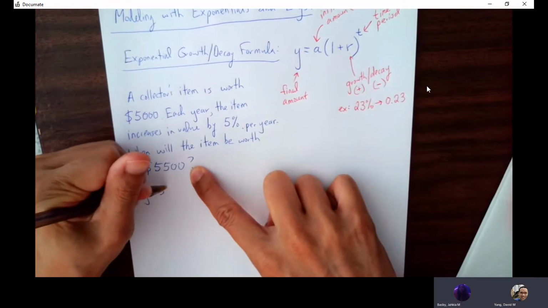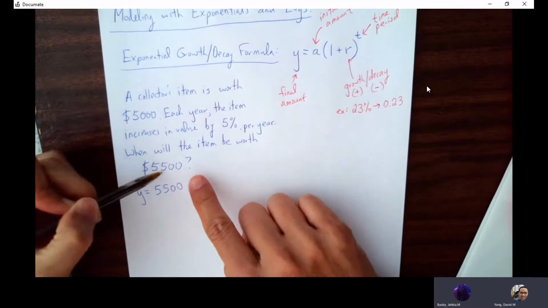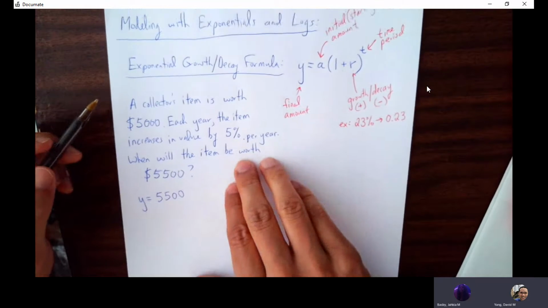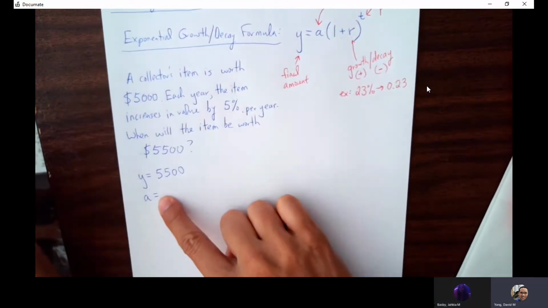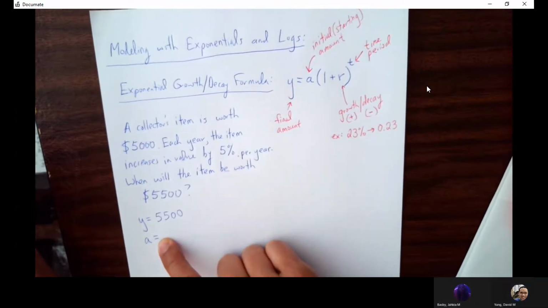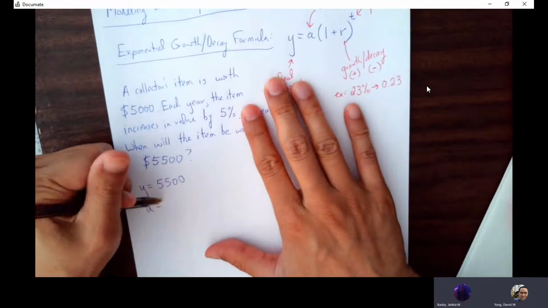Does that make sense why that's the final amount? Yeah. And what's the initial amount? 5,000. So we start at 5,000 and we end at 5,500.